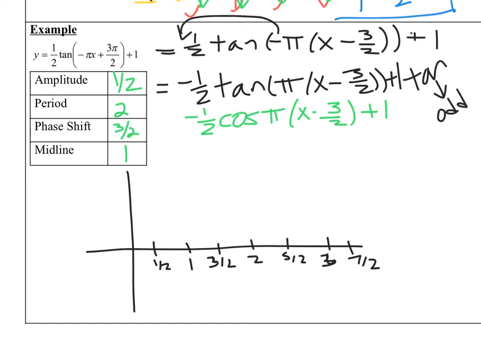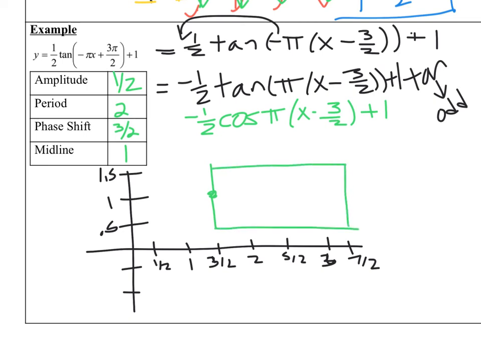All right, so phase shift of right 3 over 2, and then up 1, then up and down my amplitude, which is 1/2, run for my period of 2, so that would be over here, and I'm already going to get 2 periods of tangent because, like we said, it is half the period of cosine.